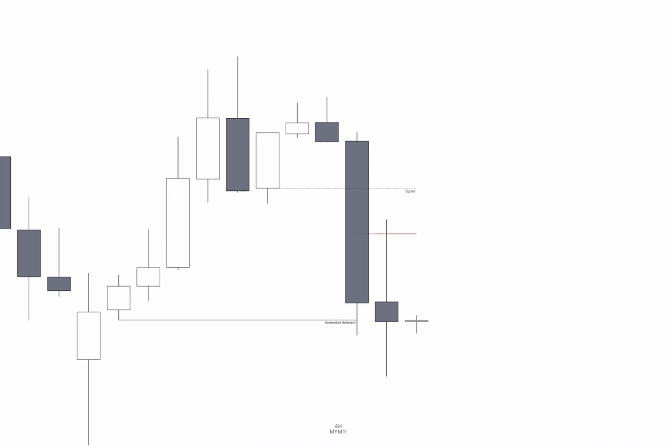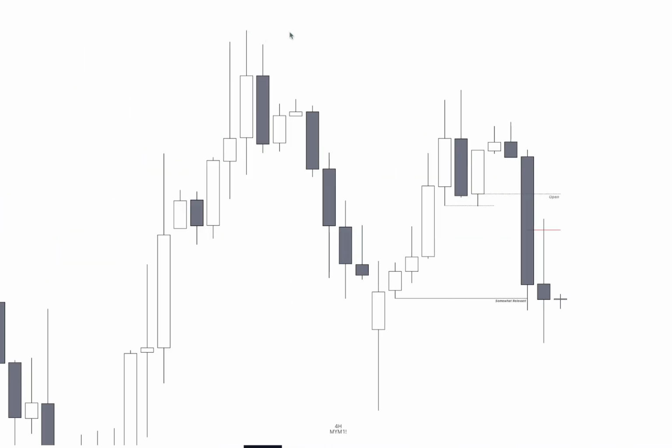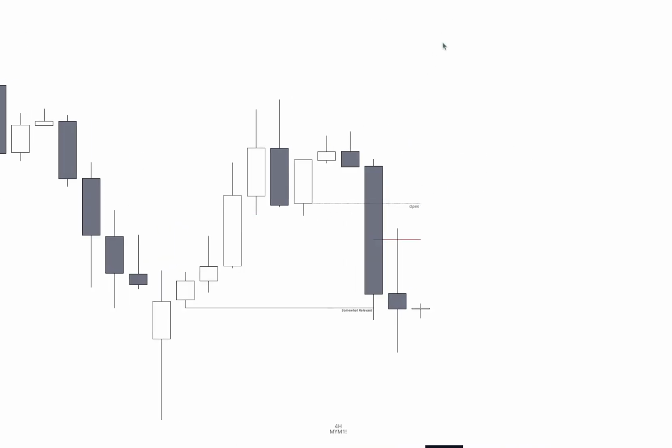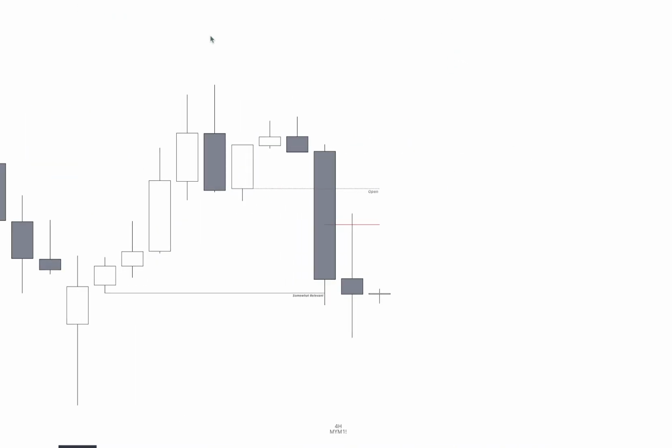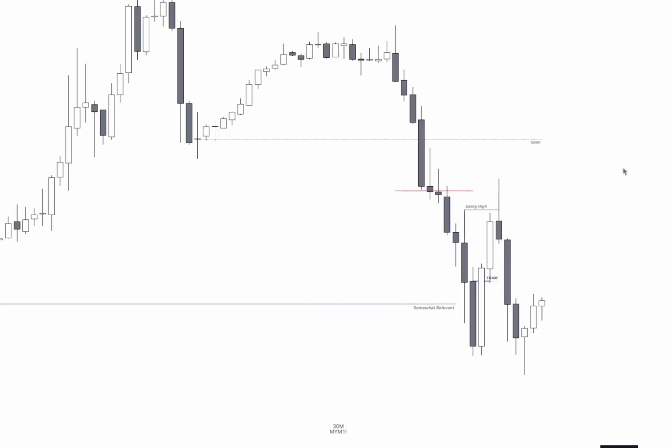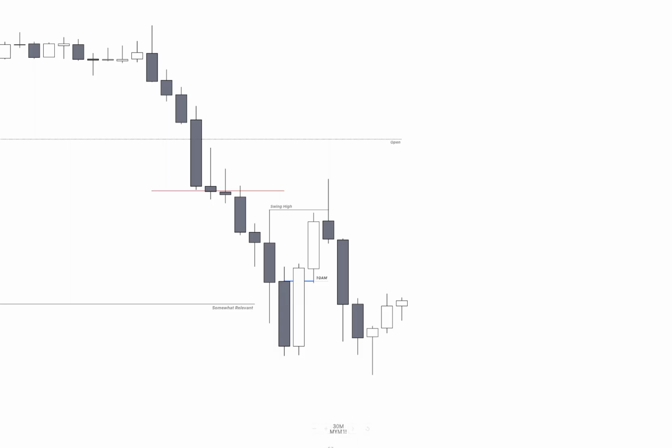I was hoping when I saw this last night that this candle would span away or hold the low of the day, span away into these highs, but we didn't see that, so we had to adjust, right? So if you come down to the 30-minute, here I'll show you what I saw and what got me into the trade.